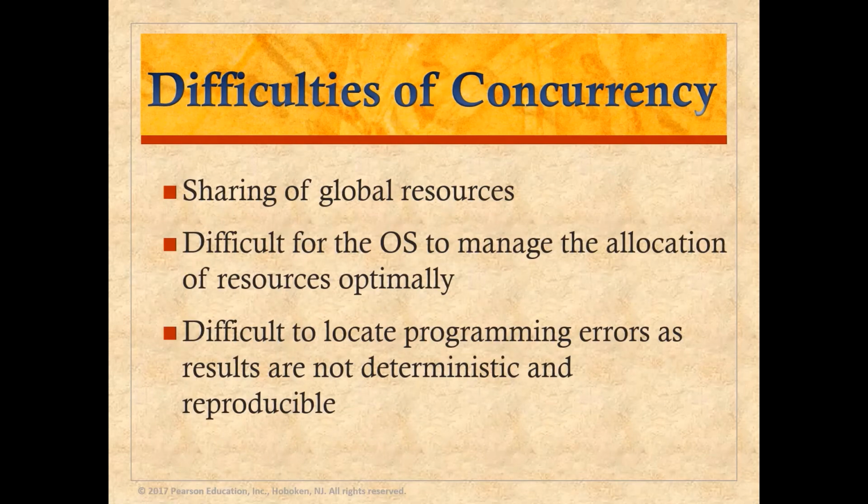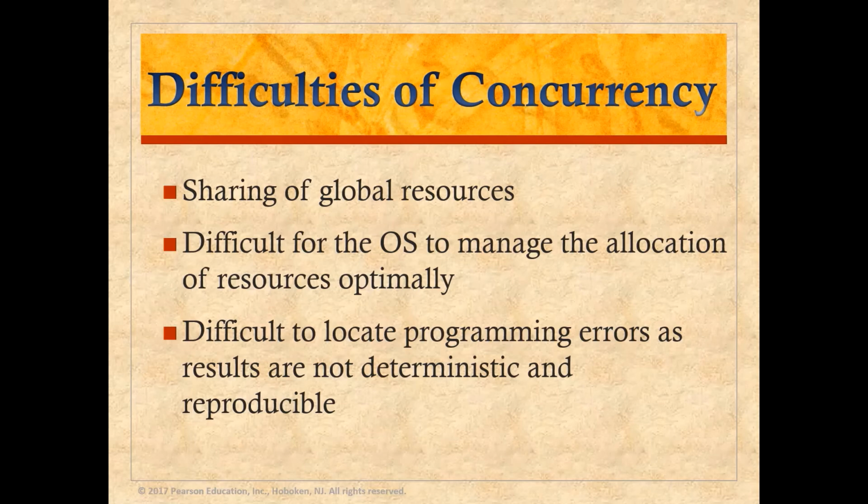Difficulties of concurrency, we are looking at three, starting with the sharing of global resources. For example, in the process just now, two processes share the same global variable, where both of them write and read on that particular variable.